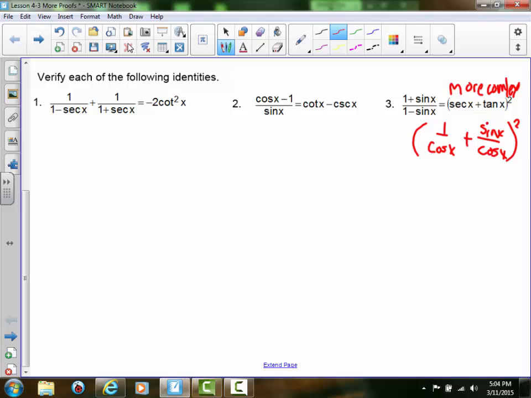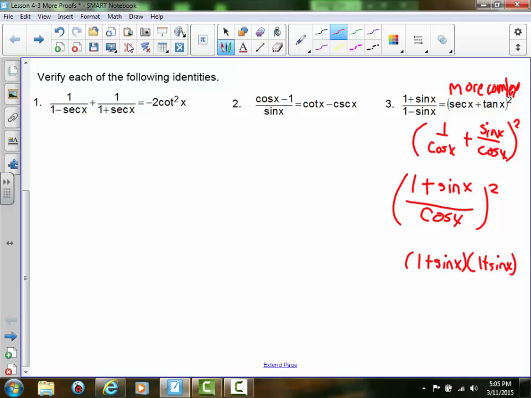Since we have a common denominator, we would have 1 plus sine x over cosine x, and that's squared. When we multiply, that's 1 plus sine x times 1 plus sine x over cosine squared x.